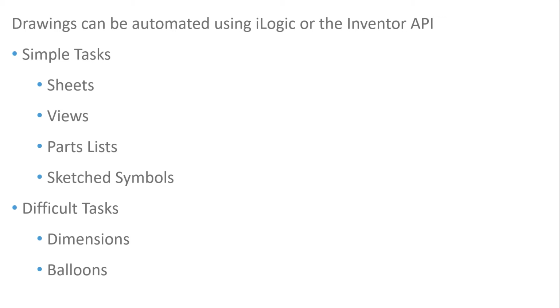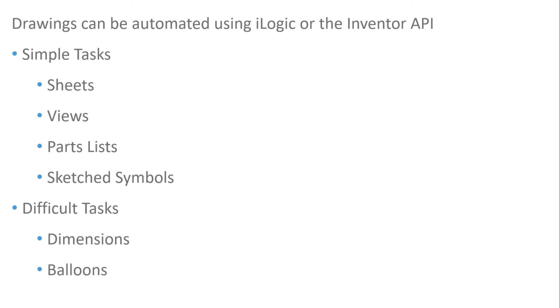Once we have sheets, we can start placing views, scale them, and adjust whether they have hidden lines or are solid, what the orientation is, and where they're positioned on the sheet. There are particular dependencies between these elements in drawing automation.